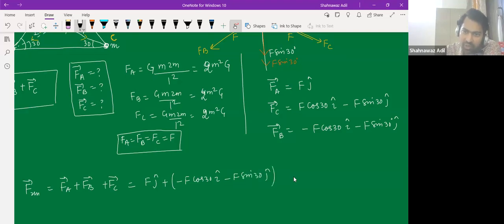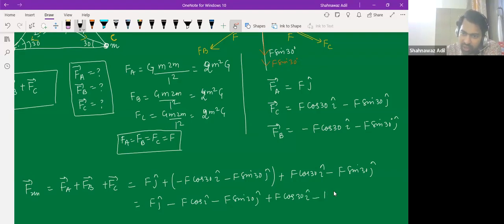Similarly, FC is F cos 30 I hat minus F sin 30 J hat. So the cos 30 terms will cancel, right, guys?